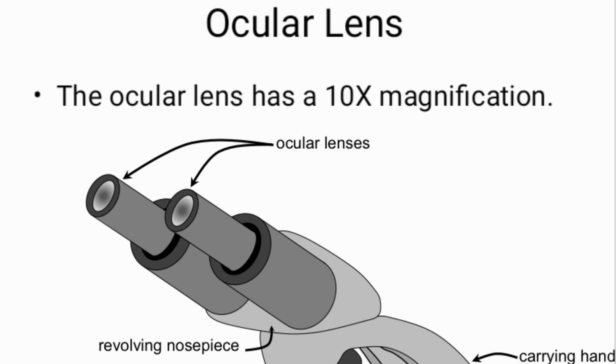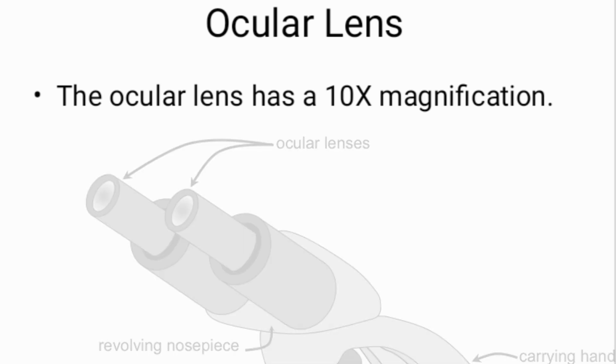But in most of the microscopes that you will be using in your practical, I believe that the magnification will be 10 times. So please take note of this information. All right, next slide.